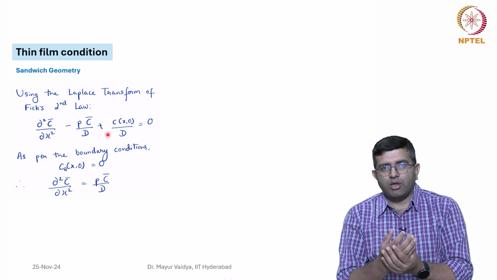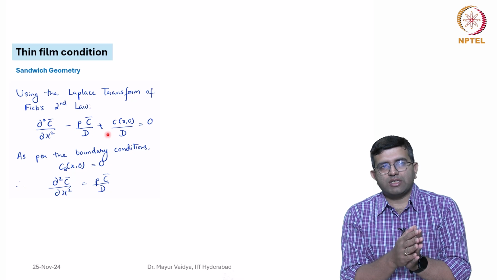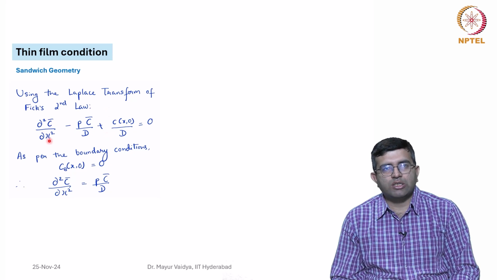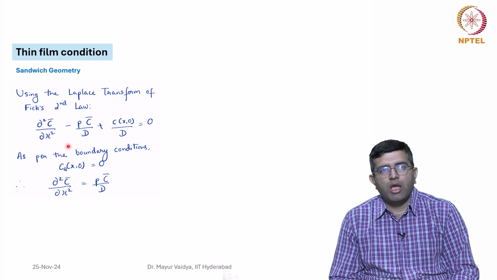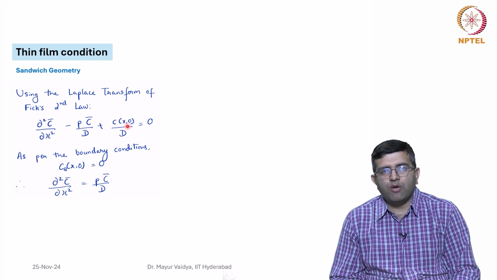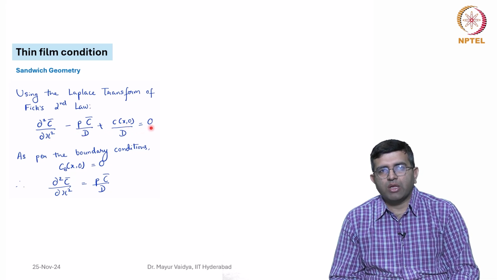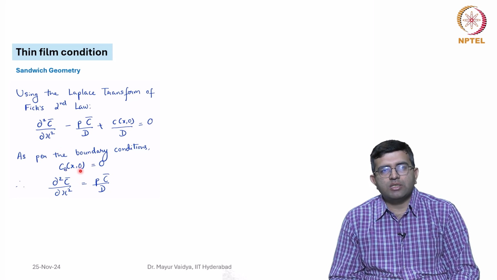So what we did last class is transform Fick's second law into an ordinary differential equation which contains C bar, the Laplace transform. That is d²C̄/dx² minus p times C̄/D plus C(x,0)/D equals 0. Now, as per the boundary conditions, C_B(x,0) is 0.